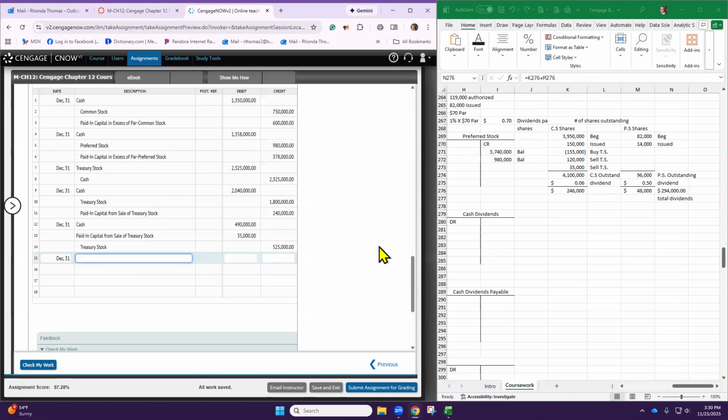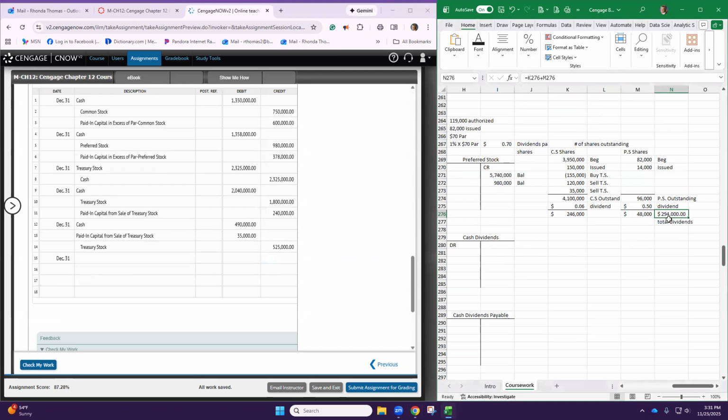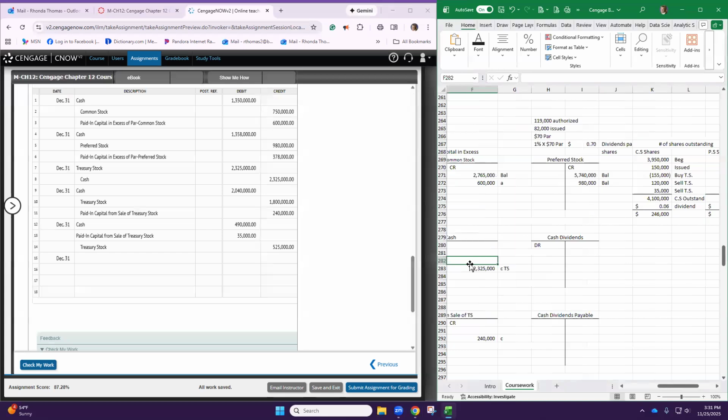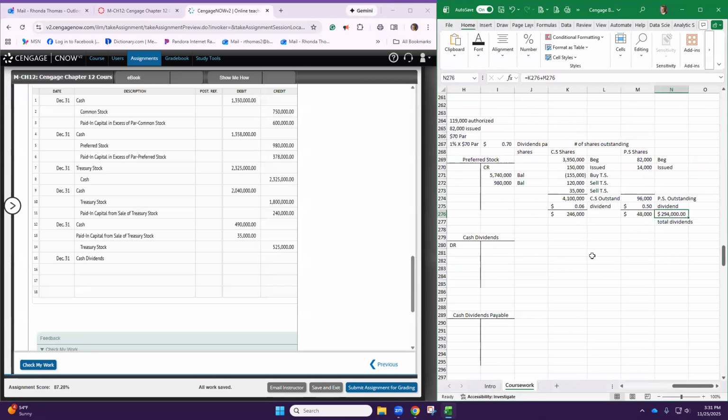Okay, so let's declare. We've got 2 amounts to declare. All right, so when you declare it, you're going to put it in this cash dividend account. So cash dividends, and that is going to go in as a debit. So I believe the total is 294,000. I just don't know whether to go with the 50 cents. I'll know soon enough.